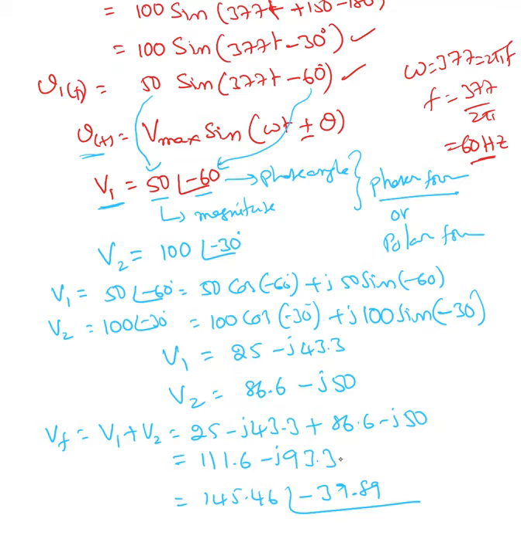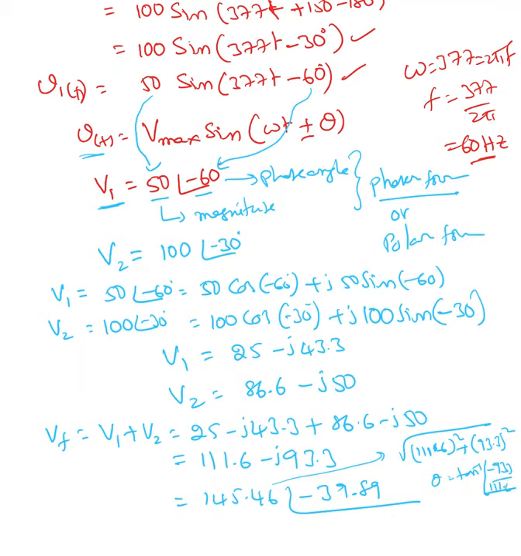This is rectangular format, and I'm converting that into polar format. If you remember, the magnitude is the square root of 111.6 whole square plus 93.3 whole square, and theta equal to tan inverse of minus 93.3 divided by 111.6.